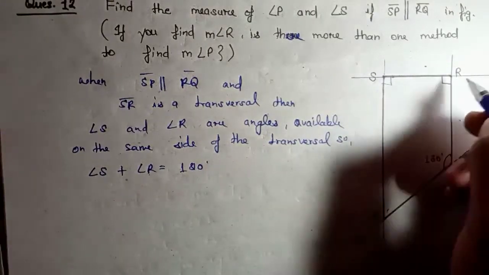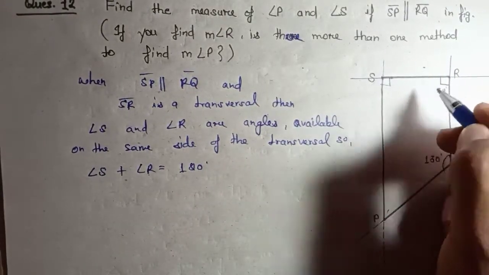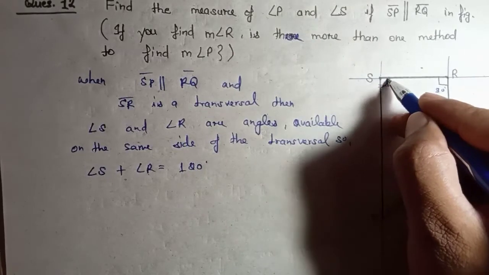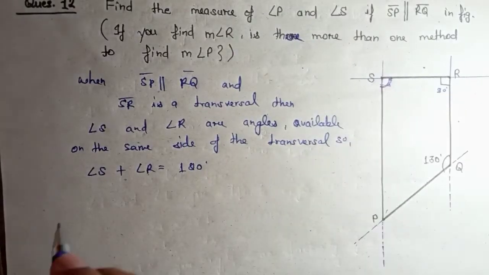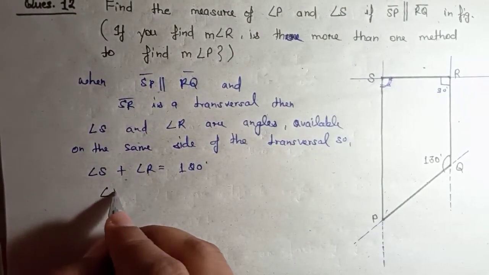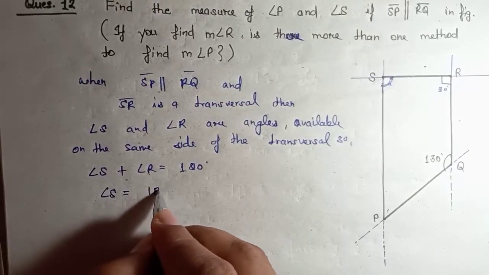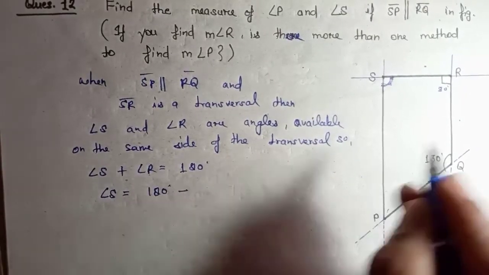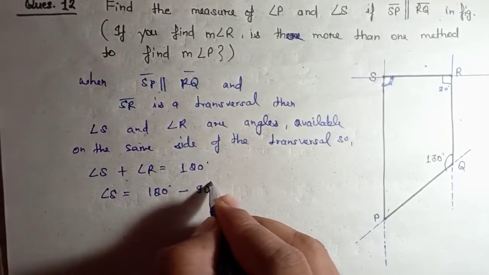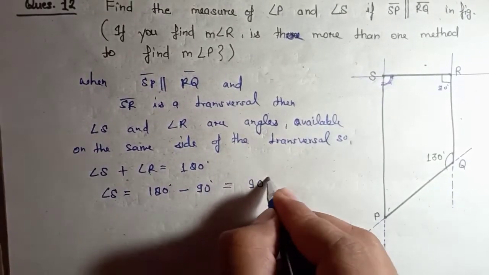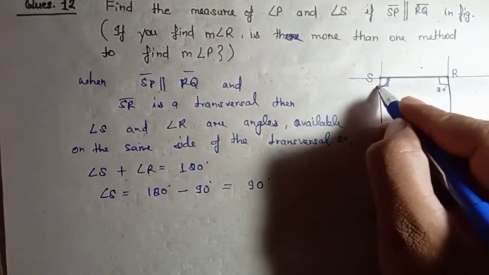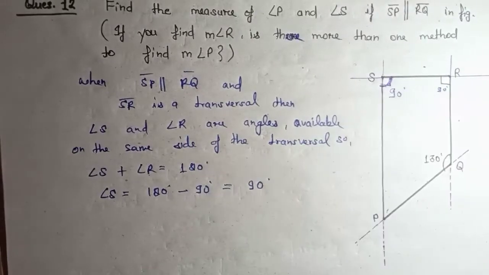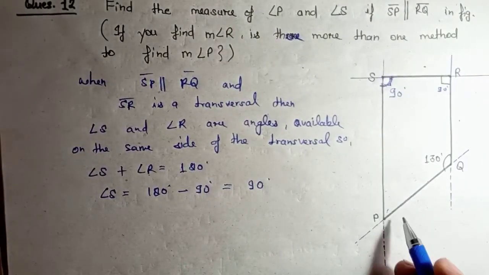So you know what angle R is? 90 degree. That is not determined yet, so don't make it like this. So find the value of S. S is equal to 180 degree minus angle R, and value of angle R is 90 degree, so it becomes 90 degrees. So here it is also 90 degree. Now we have to find angle P. How to get this angle P?